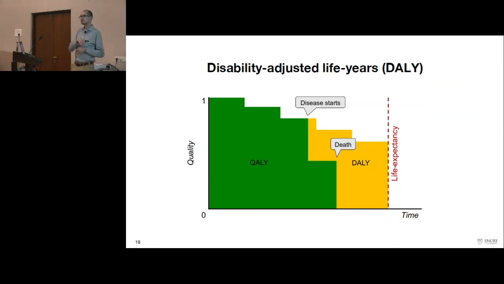Some cost-effectiveness analyses, especially those done in developing countries, use DALYs instead of QALYs, so it's good to be aware of them. There would be a different willingness-to-pay threshold for a DALY because it's a different concept, but the idea is fairly similar.